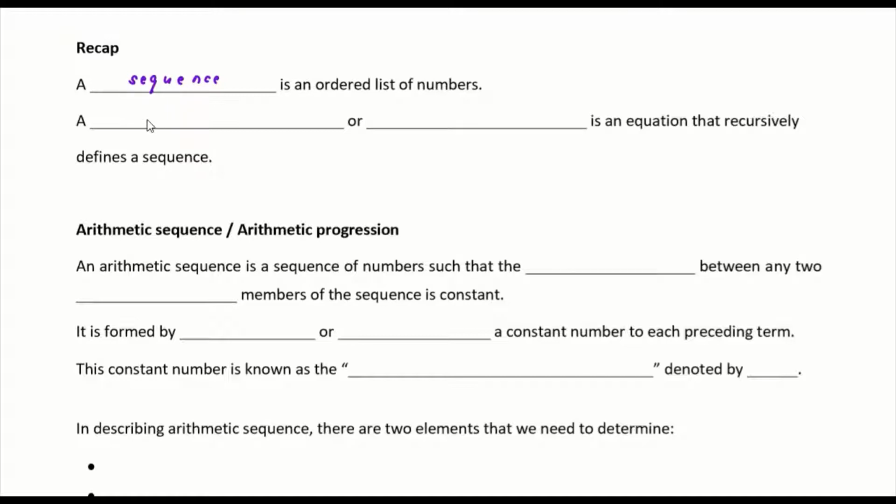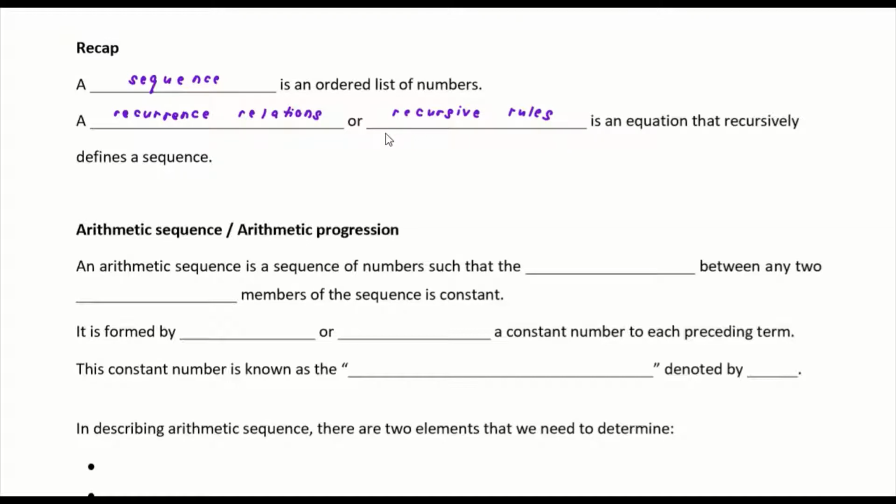The equation that we use is called the recurrence relation. The word recurse means repeat, so when you repetitively use your previous term, you will be able to get the subsequent term. This is also known as the recursive rule, or recursion, which means the same thing. So you can just remember the word recurse.